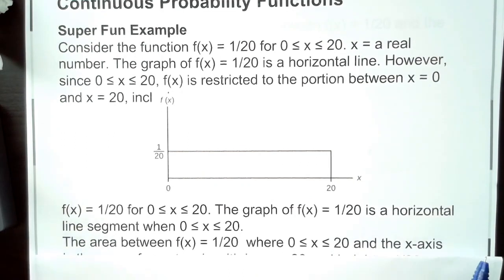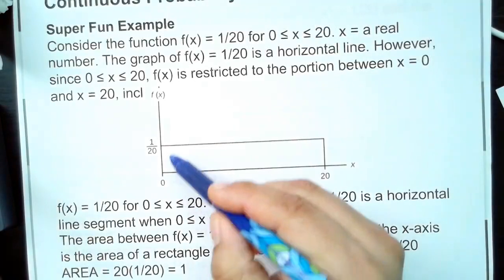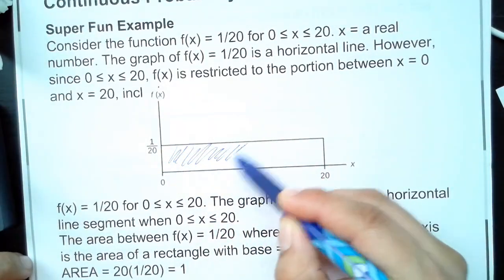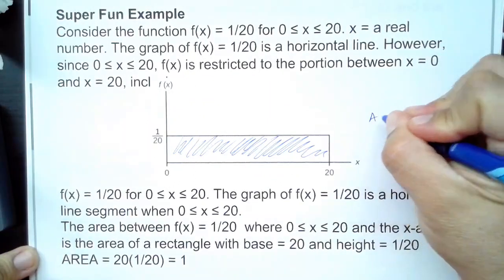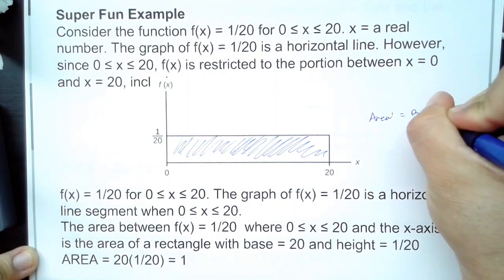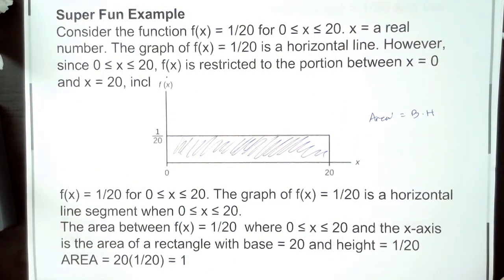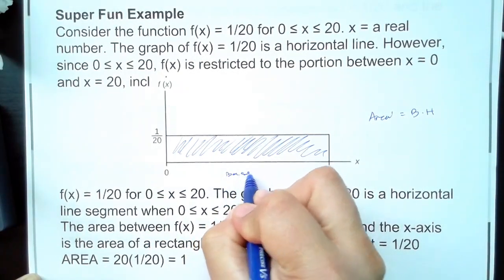Now what's the area between f of x equal to 1 over 20 and the x-axis? It's basically the area of this rectangle. Remember the area of a rectangle is base times height. This is my base, and this is my height.